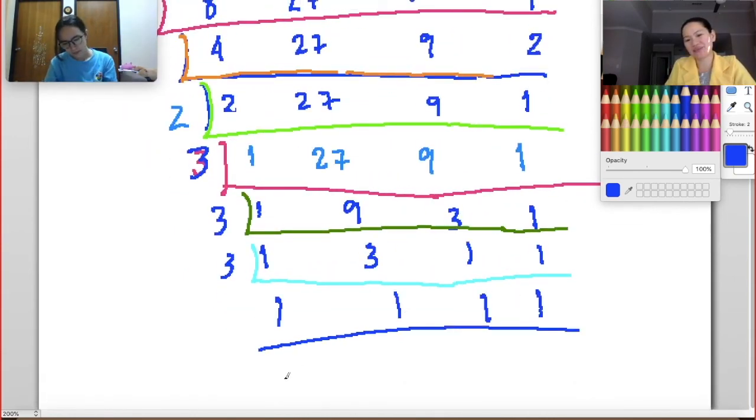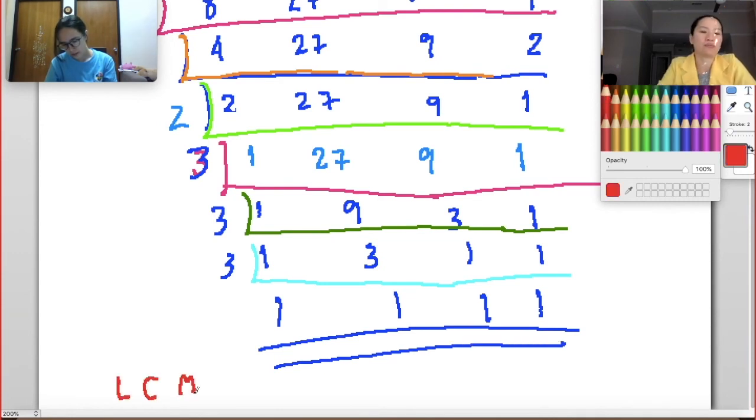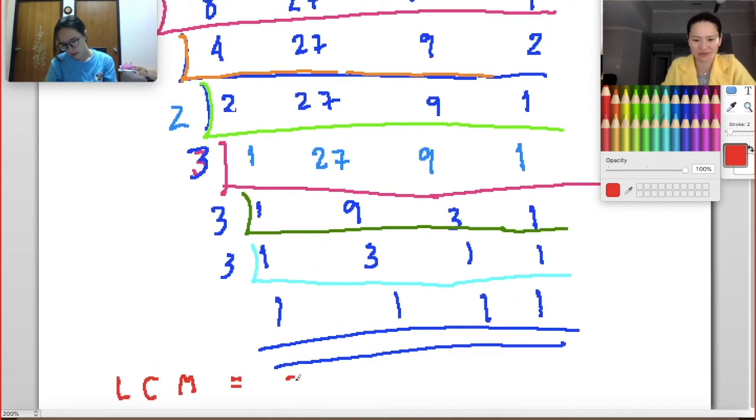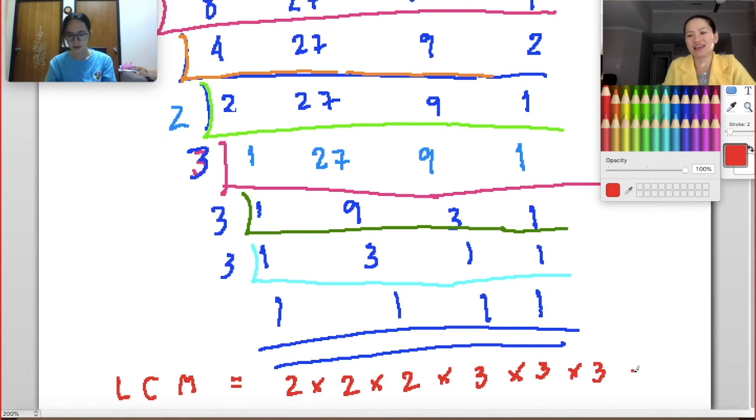Very easy. So your LCM, the least common multiple, equals 2 multiplied with 2 multiplied with 2 multiplied with 3 multiplied with 3 multiplied with 3. Like this one: 2 multiplied with 2 multiplied with 3 multiplied with 3 multiplied with 3, and it's equal to... What is the answer, Jasmine?